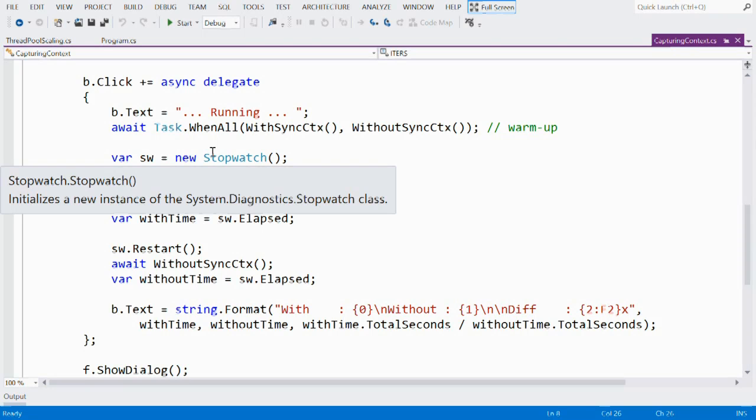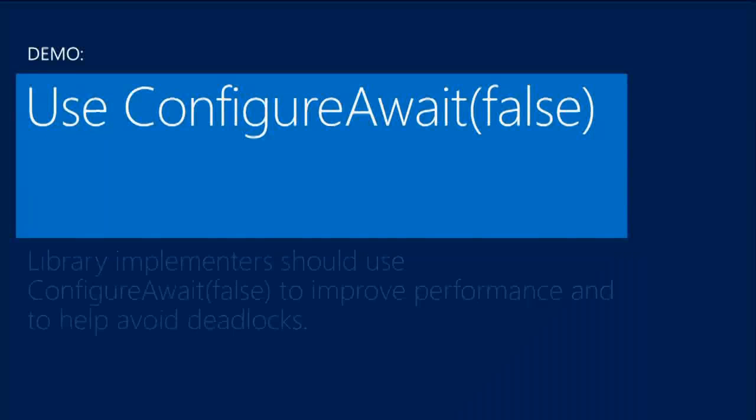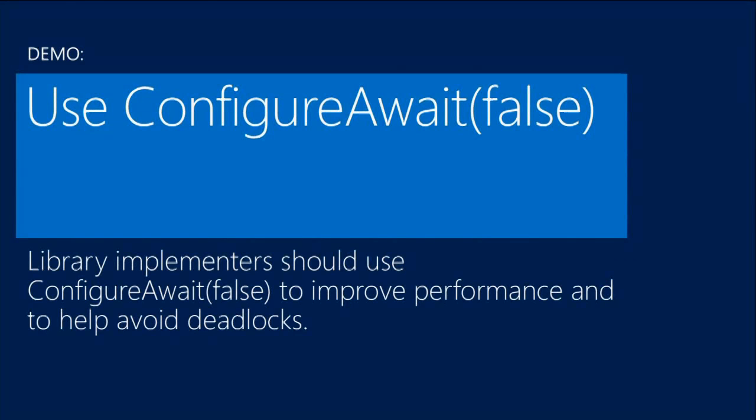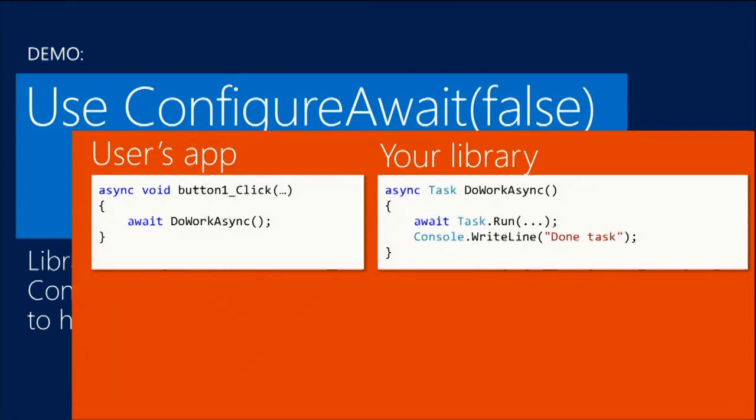There was a 14-fold difference between the two versions. I was doing, how many was it? I forget, 10,000, 20,000, 100,000 iterations. I don't know. But the one that just did the plain old await had about 14 times as much overhead. It took almost 0.8 of a second more just on the overhead of capturing and restoring the synchronization context.